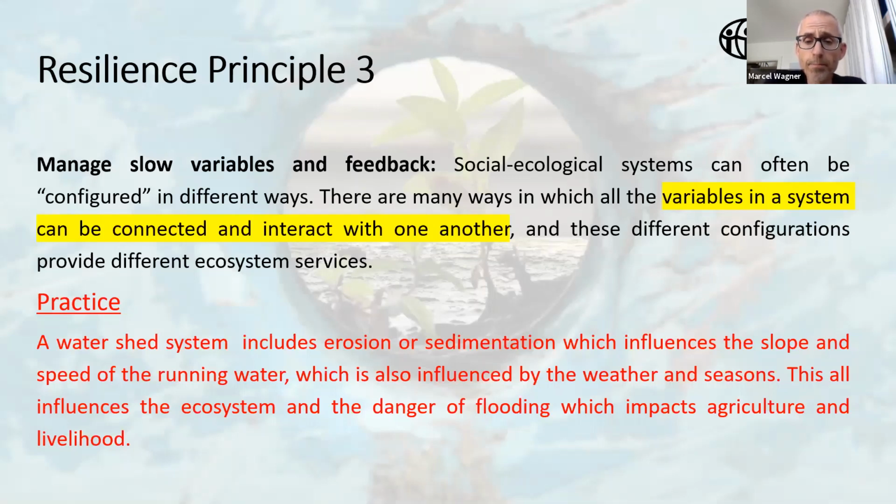So here it's important to be sensitive, to be attentive to slow variables like erosion, like the building up of carbon dioxide in the atmosphere. All these different things come slowly, but we need to be aware of it and, in the best way, work against it in a proactive way. Next slide.